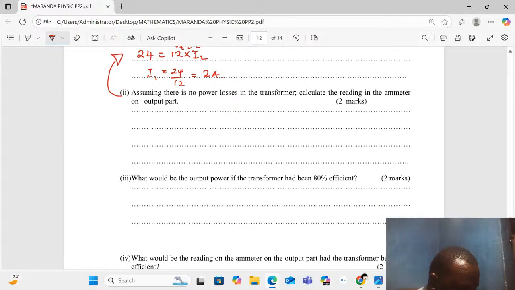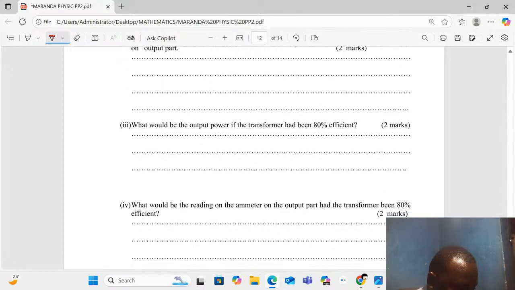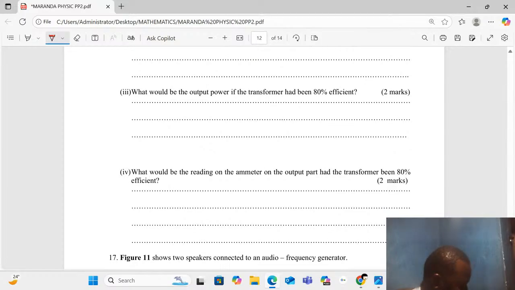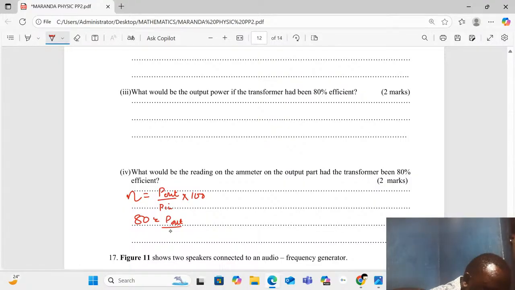What would be the output power if the transformer had been 80% efficient? If the power output would be 80% efficient, we know that efficiency is given by power output over power input. Then we express it in percentage form. So our 80 will be the same as power out divided by our power input, which is 24, then we multiply by 100.